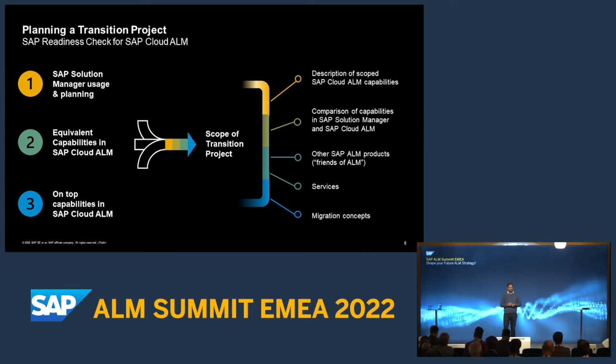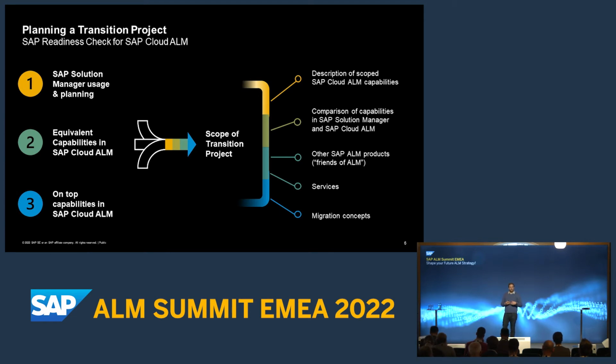Now, how do we present all this information? Well, we have 3 levels of information that we will show in this new scenario. First is the usage of your Solution Manager system, by providing a collector and scanning the different capabilities, usage, and also the data in your system.